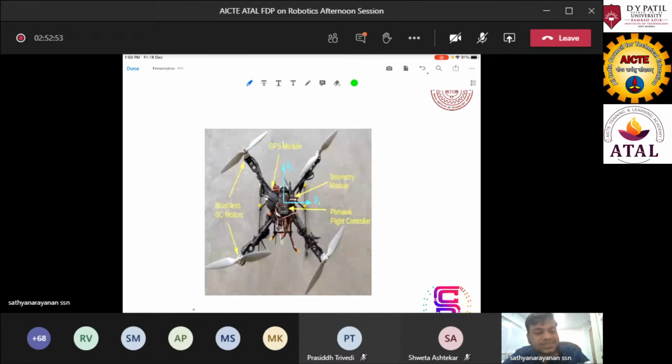It has low weight but high torque, so the torque-to-weight ratio is very high. This is very useful when you want a very high speed. If you want to have a very high speed, then you have to use a BLDC motor.